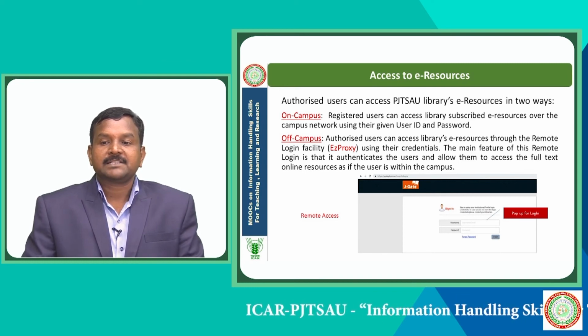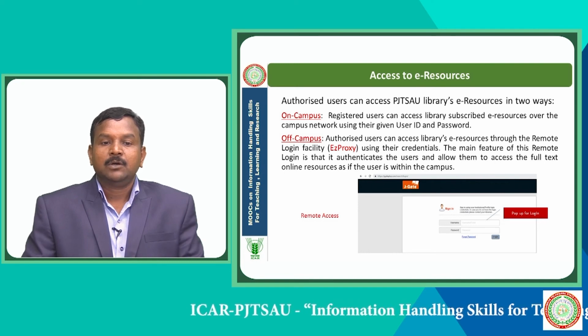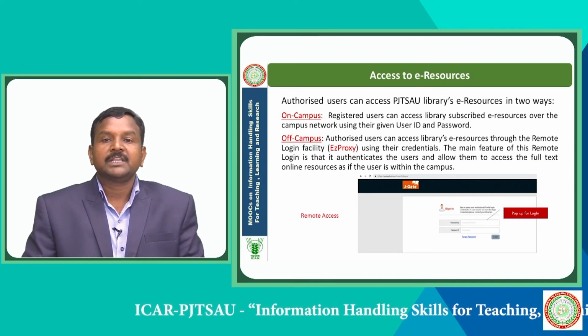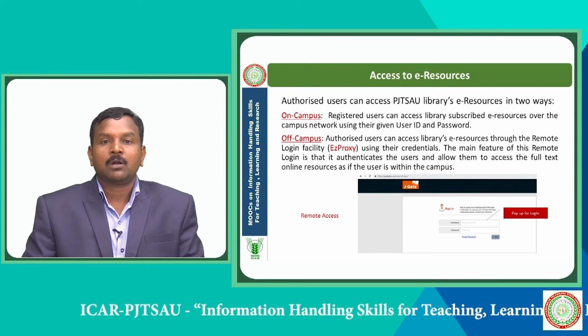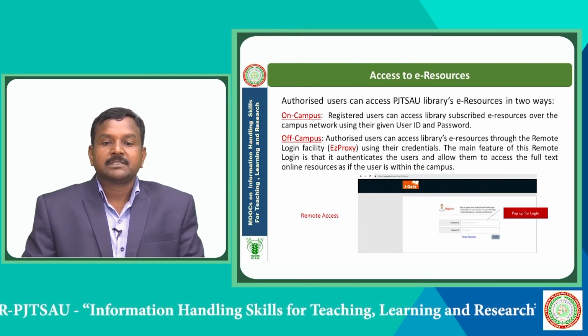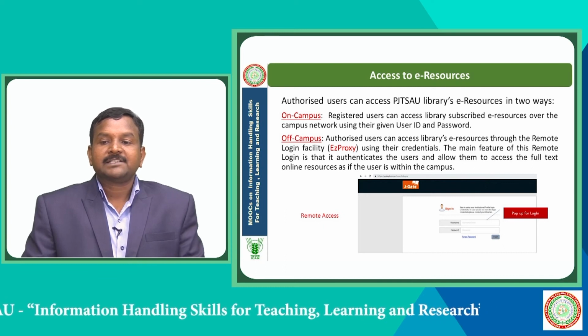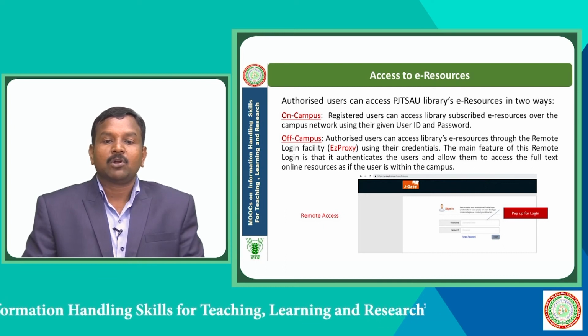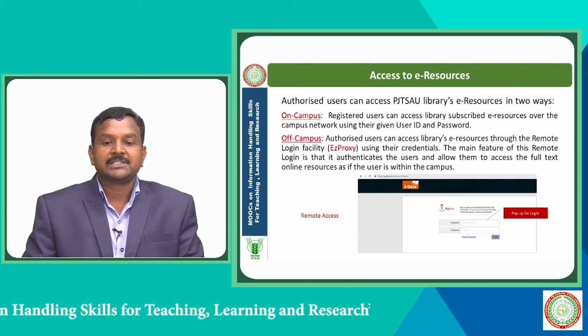The users can access library subscribed e-resources over the campus network using their given user ID and password or on IP basis. When they are off campus, they can access library e-resources through a remote login facility, for example EZproxy, using their credentials.